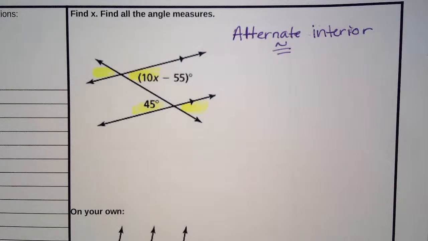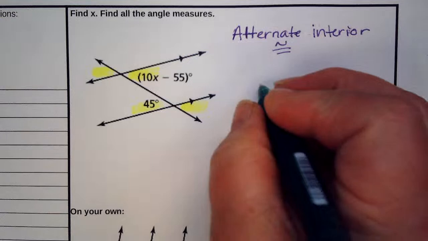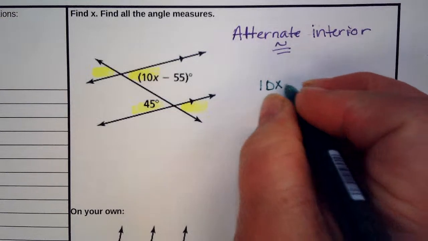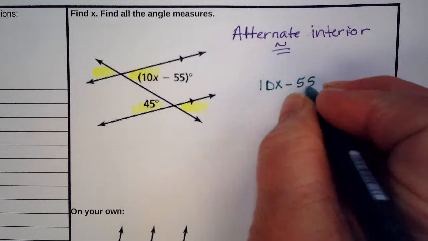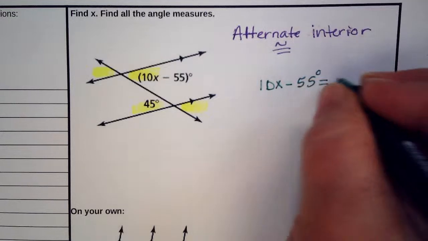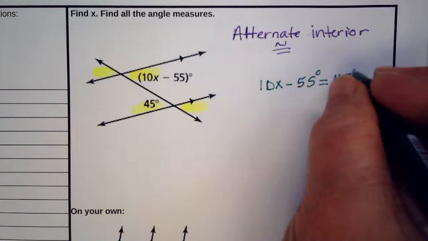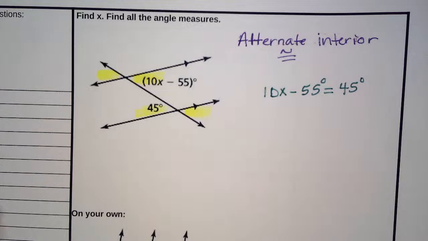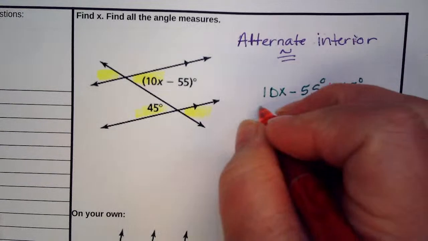So to set it up, we know that they are equal. So 10x minus 55, and that's degrees, is equal to 45 degrees. So I am going to add 55 to both sides.